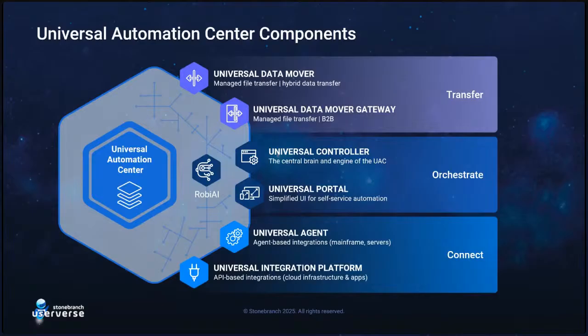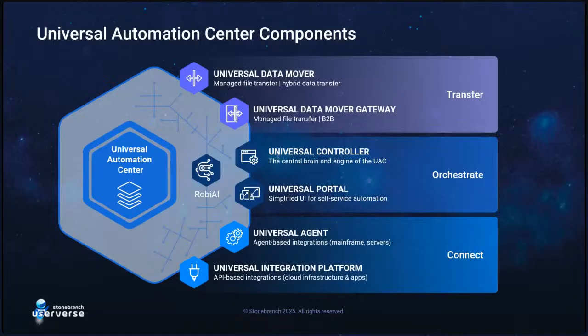This is currently our portfolio of products within the Universal Automation Center family of components. At the core of the product, the orchestrate level, we have the Universal Controller and also the Universal Portal. How we automate across the enterprise is really through our Universal Agent technology and our Universal Integration Platform.